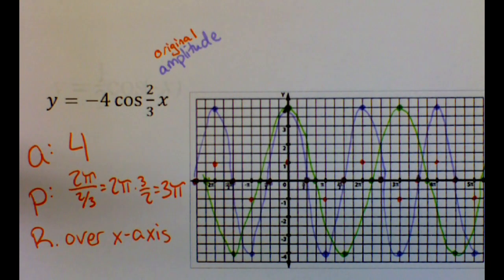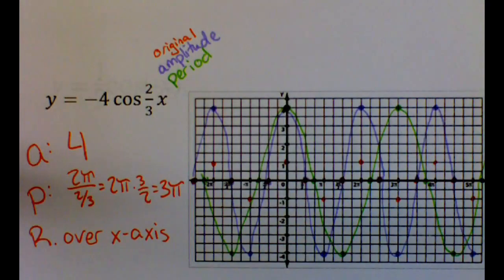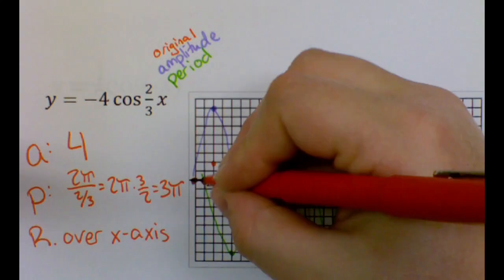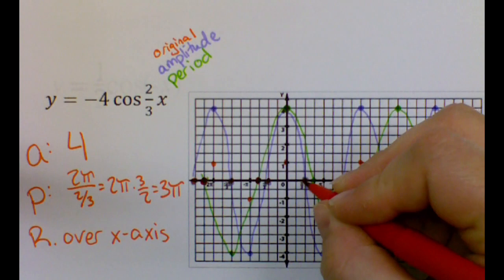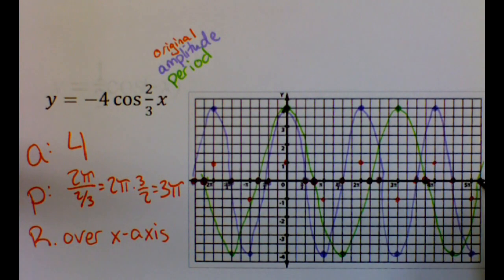And then finally, label this period. Finally, we need the reflection. We are going to reflect over the x-axis. So I take every point that's on the x-axis and it stays. See, this one starts to get all sorts of crazy here.